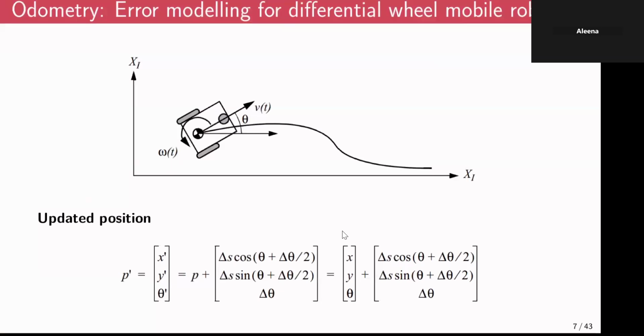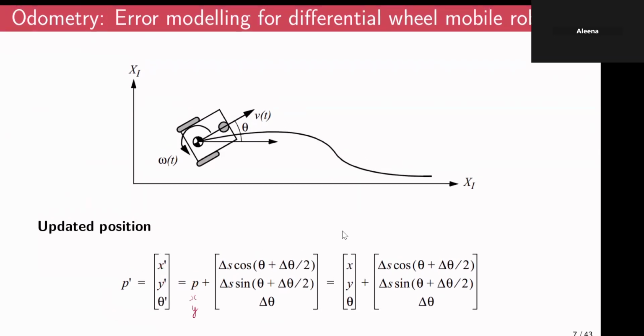Right. So the updated position would look something like this. P dash, which is x dash, y dash, theta dash, is P, which is nothing but x, y, theta from the previous position, plus this vector, as a contribution by the inputs.